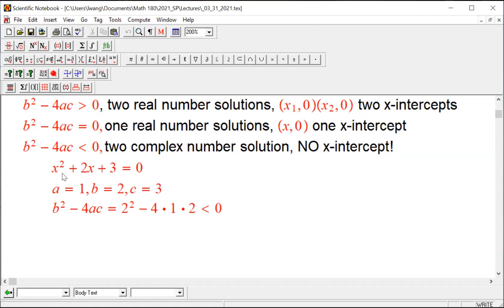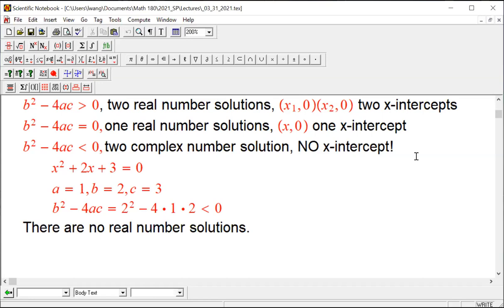So this quadratic equation has no real number solutions. What does that tell us?